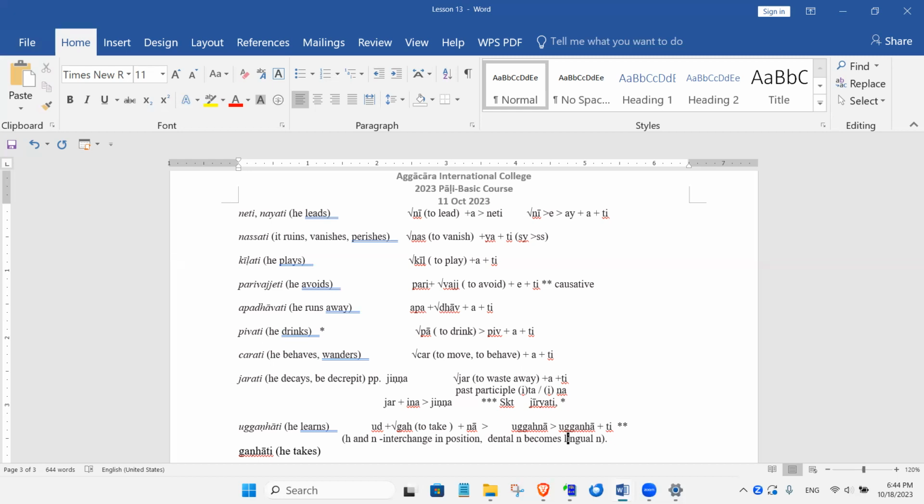Yes, so instead of putting ina, we put the suffix na. You don't want the I? Also can, up to you. If you don't want to put the ina also can, or if you want to put the ina also can. It depends on how you see it. Okay. Thank you, Saiji.